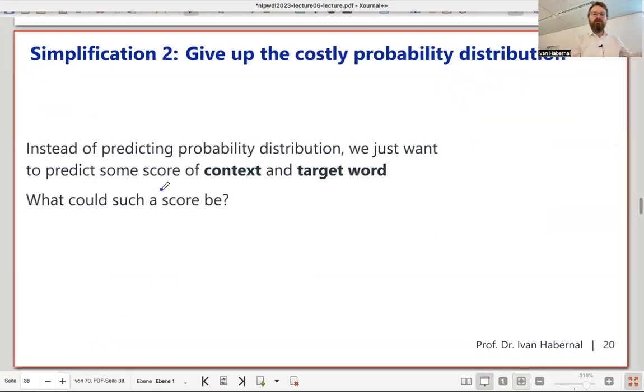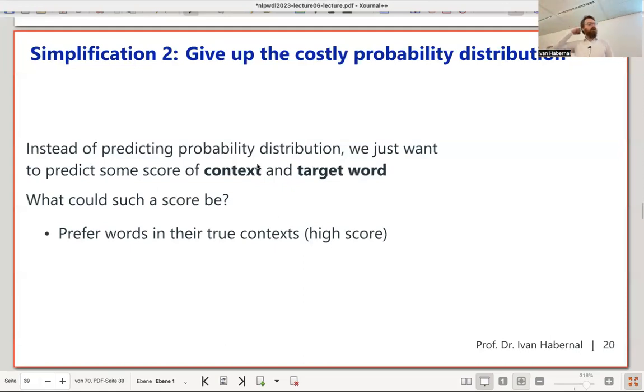So we need a score that, given some context and a target word, gives me a better score if they're closer to each other, or this is the correct one, and if this is not the correct one, then some other score. So what we're going to do is that our model should prefer words in their true context. What does it mean, true context?